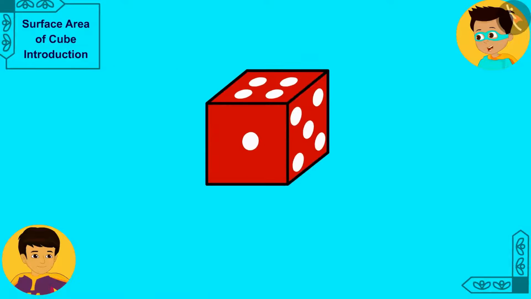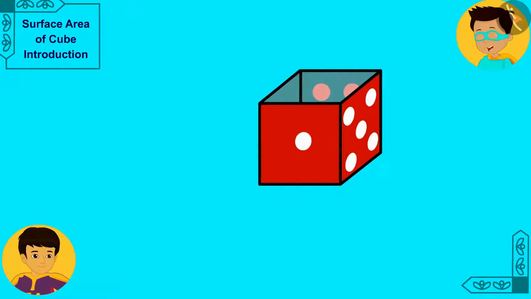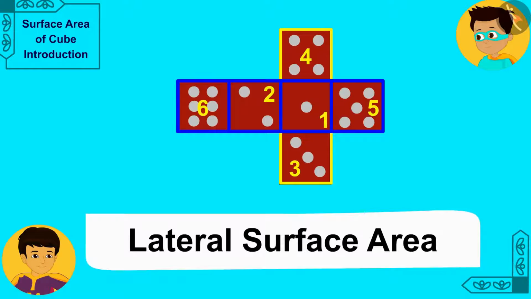And Manas, what if we have to cover only the standing or vertical surfaces of the dice? The sum of the areas of all the sides that are left behind after you remove the bottom and the top faces of any cube is called the lateral surface area of that cube.